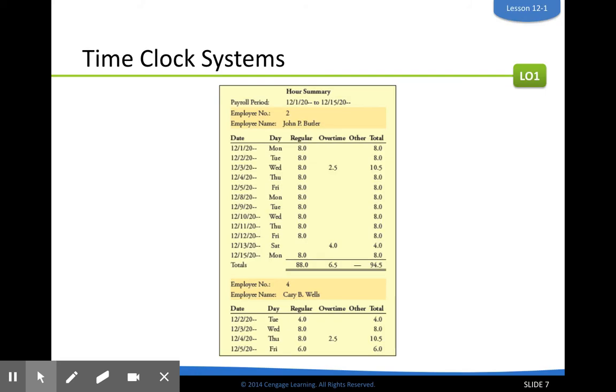So now when we talk about paying the employee, you need to look at how much they work over the course of the entire pay period, because it's also important to note that if the pay period starts on a Monday, per week, if you work over 40 hours in a week, everything beyond 40 hours becomes overtime. So over 8 hours in a day is overtime, and over 40 hours in a week is overtime. So this is an example of a completed time clock sheet.